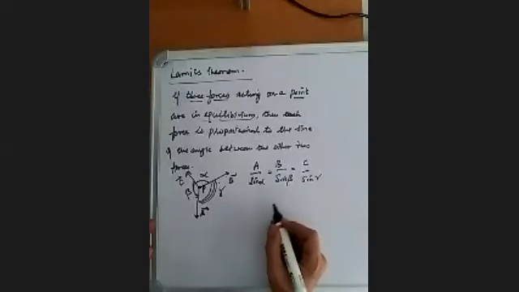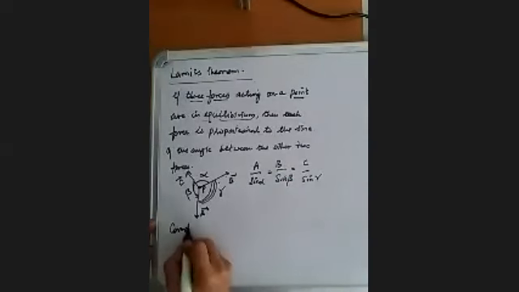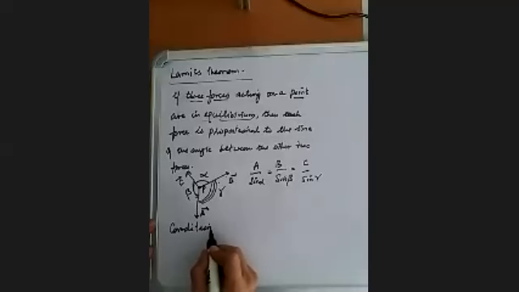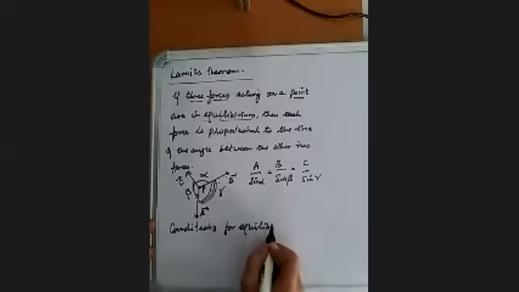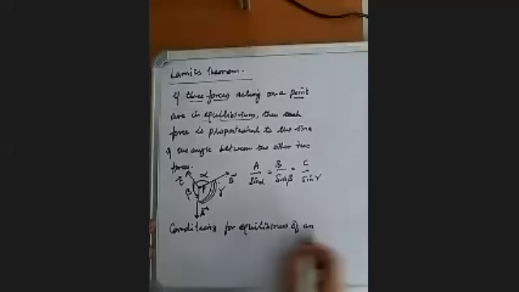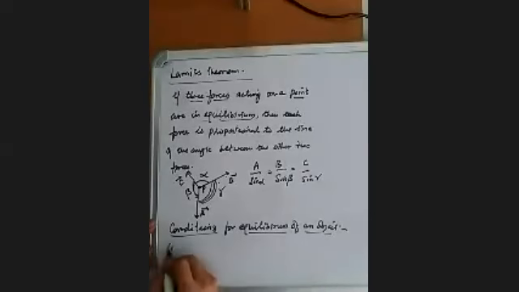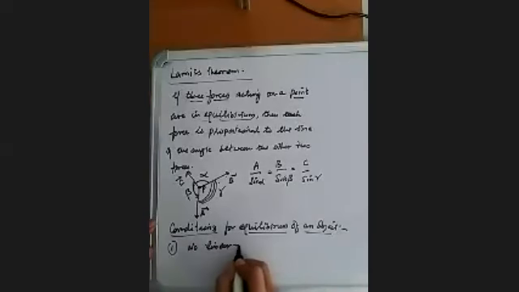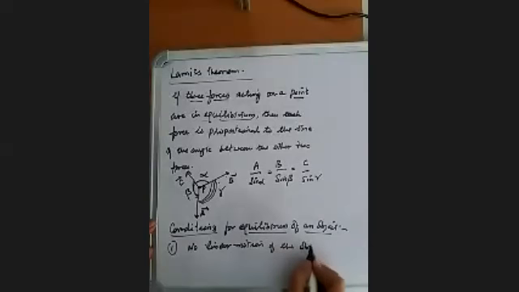Okay, now what is the condition? We shall use this theorem and you will be able to understand better the conditions for equilibrium of an object. So when we say that the object is in equilibrium, on which various forces are acting, one condition is that there is no linear motion of the object.